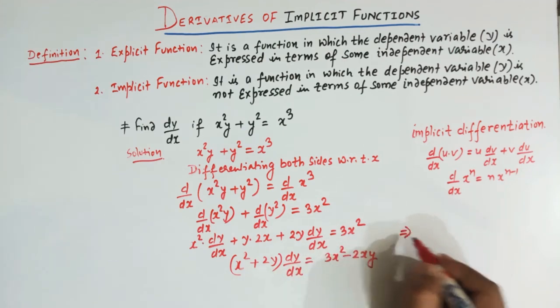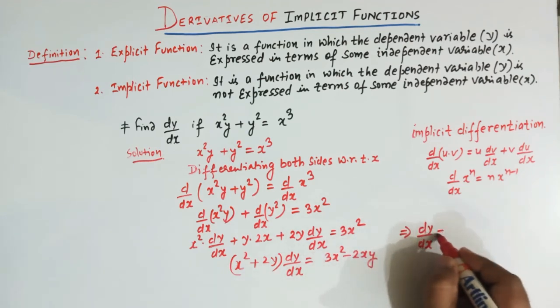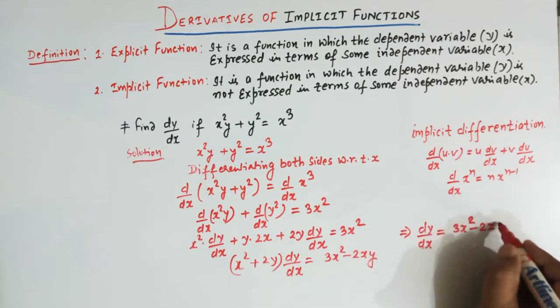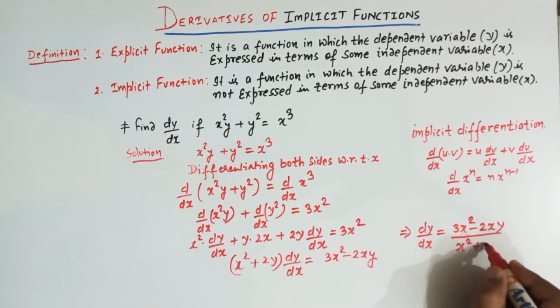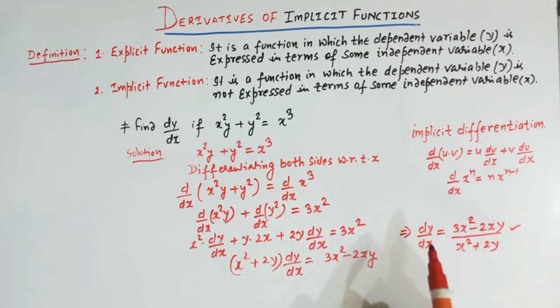So this can be written as dy over dx equal to 3x square minus 2xy divided by x square plus 2y. So this is the required derivative dy over dx.